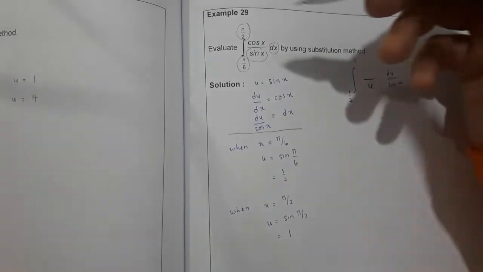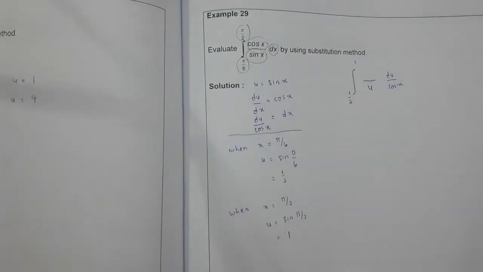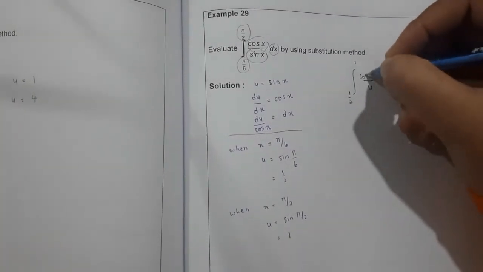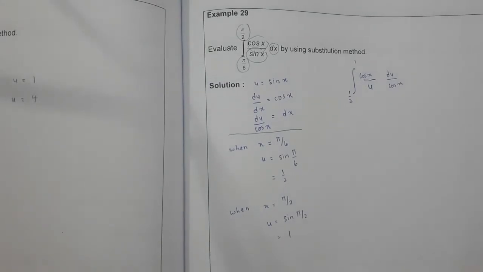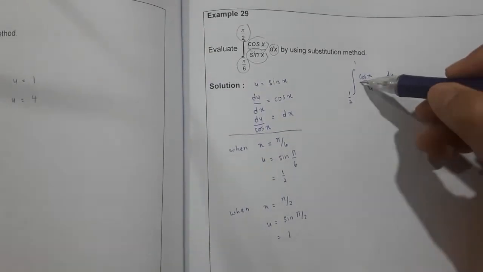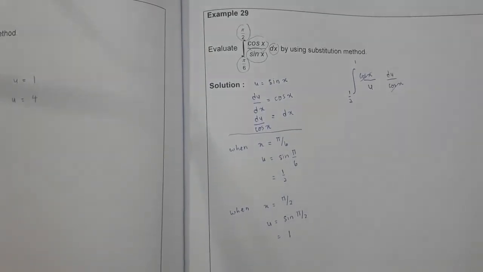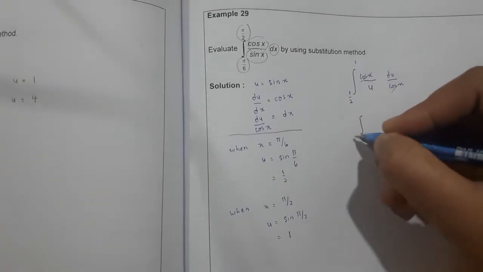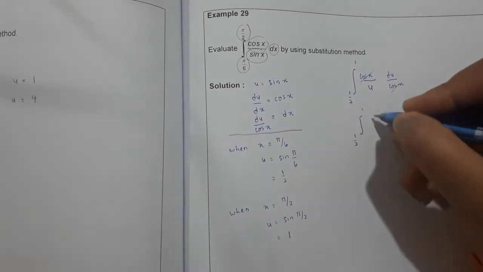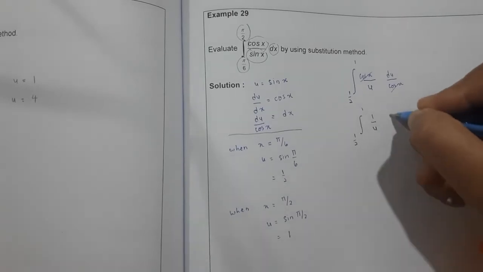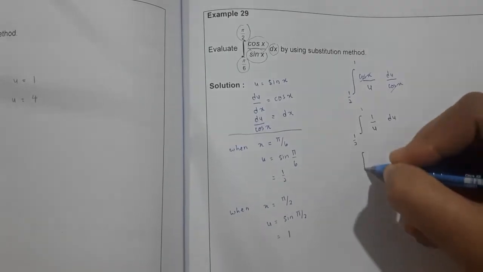And lastly, insert cos x. Here we can see that we can cancel out cos x. And we are left with the integration from 1 over 2 until 1 of 1 over u du.